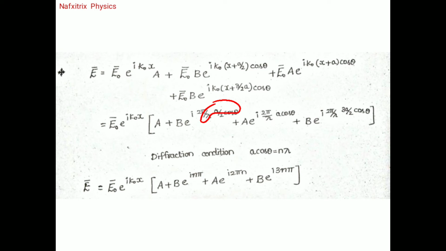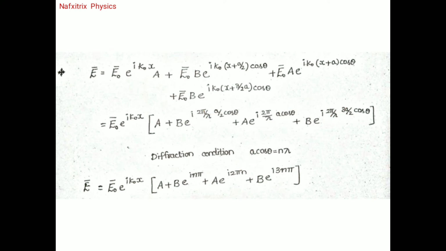Here also a cos theta by lambda is replaced with n. So hence we are having e power i 2 pi n. And here also we are having e power i pi n. And here also the 2 would get cancelled, and what would remain is a cos theta by lambda. So 3, that is 3 into pi n.